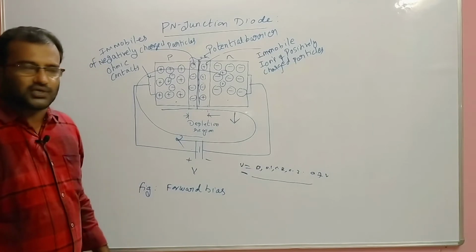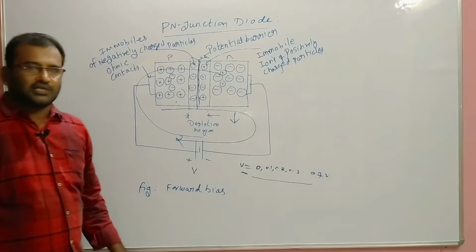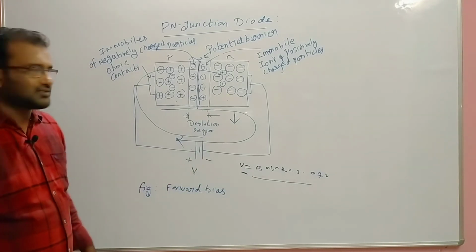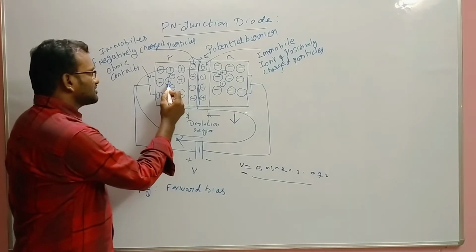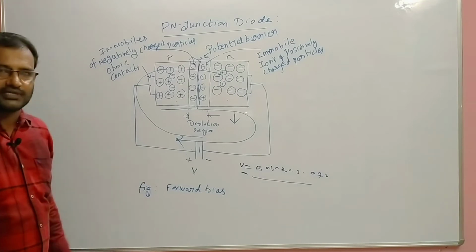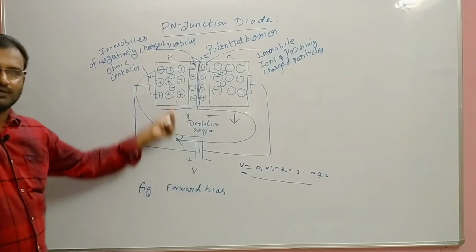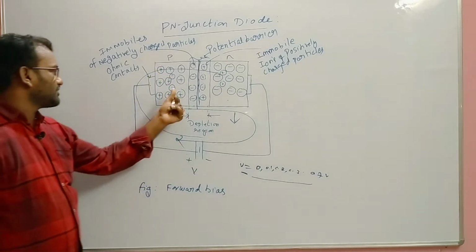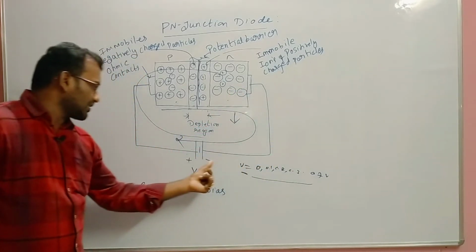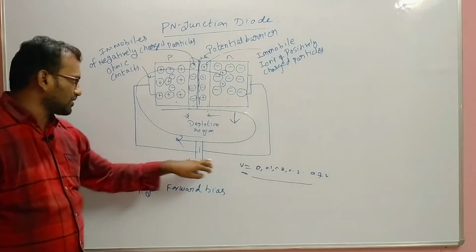Is it clear? That is the function of the forward bias condition. You must remember why I give it as forward bias. The positive terminal of the battery connected to the P-type repels the positive charge carriers, since both are positive. Similarly, the negative terminal connected to the N-type repels the negative charge carriers. That is why I give the positive terminal here and the negative terminal there.